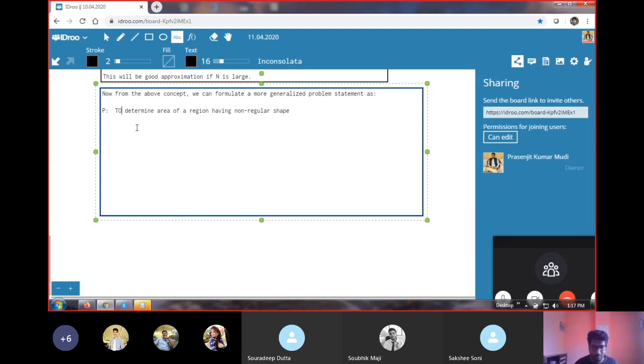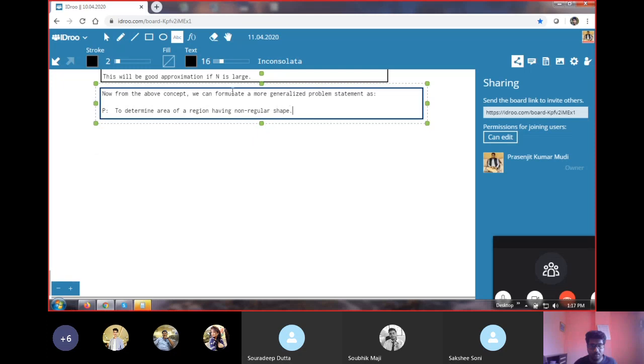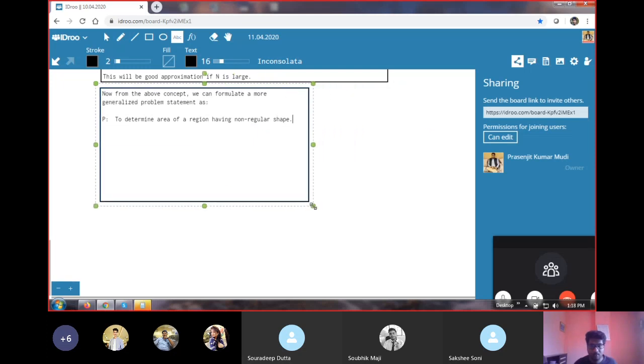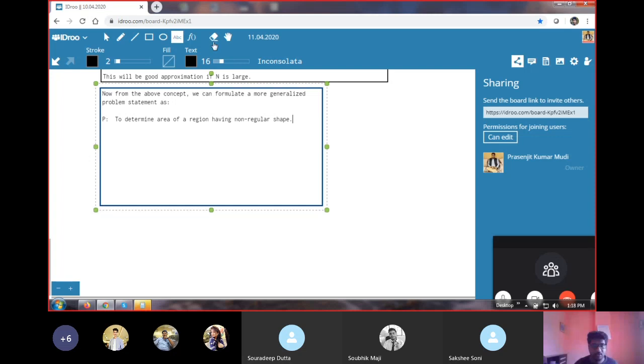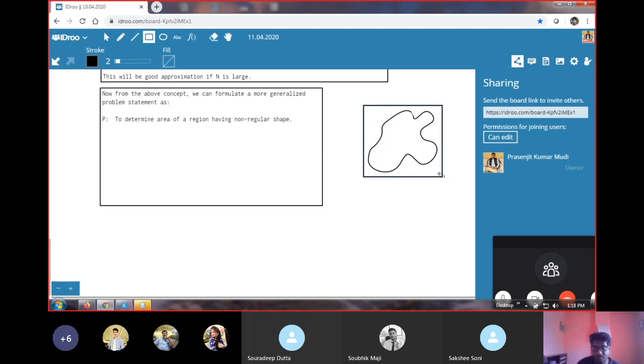Okay, for example, the example is something like this. Let's say this is a region of which the area is to be found, and this is the technique.